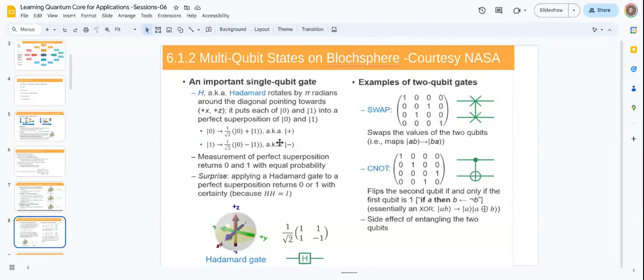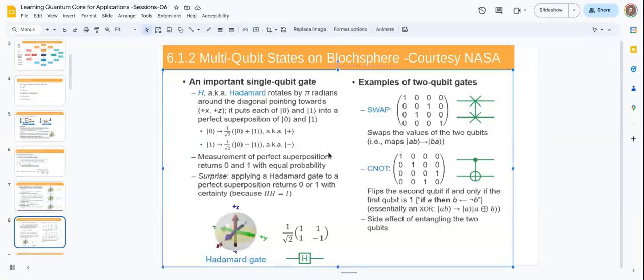If you apply a Hadamard to it, the 0 will flip towards this and 1 will flip towards this. So the z axis, whatever superposition we had, will go into the x axis. By applying Hadamard, we are transforming the qubit from the standard basis to the Hadamard basis, which is the x direction. And you can measure it.